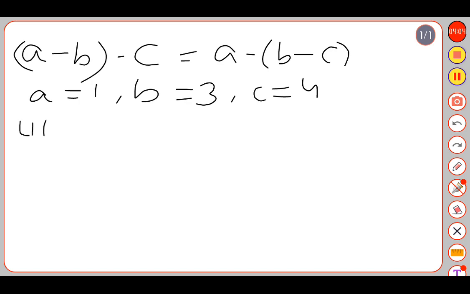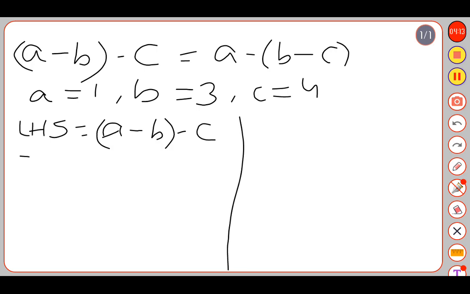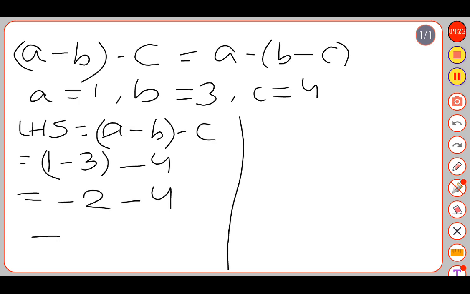So here LHS equals (a - b) - c, that will be (1 - 3) - 4. First we solve the bracket. 1 minus 3 will be minus 2, and here minus 4, it will be minus 6.